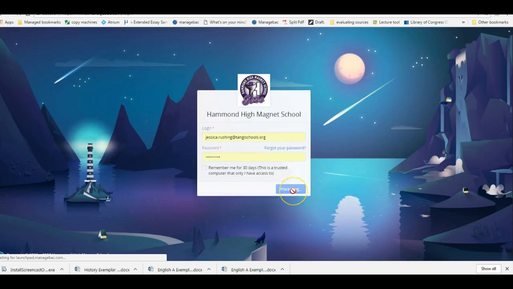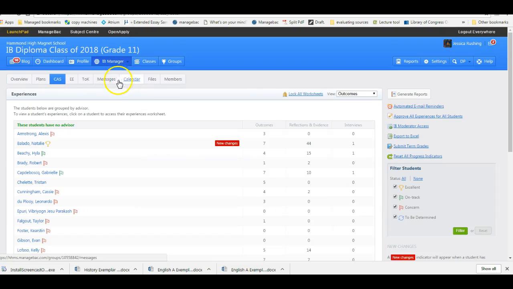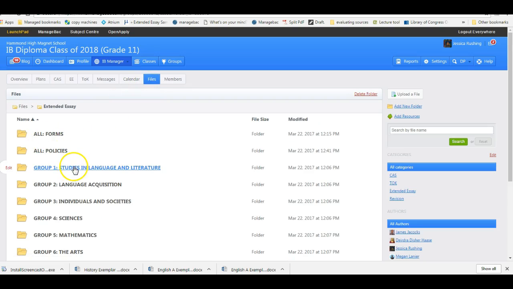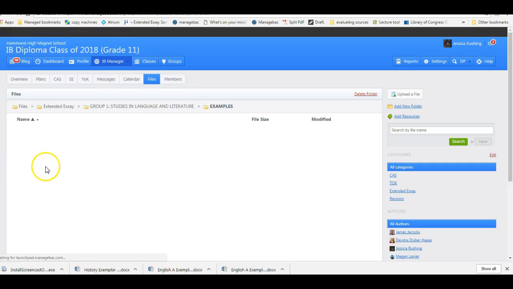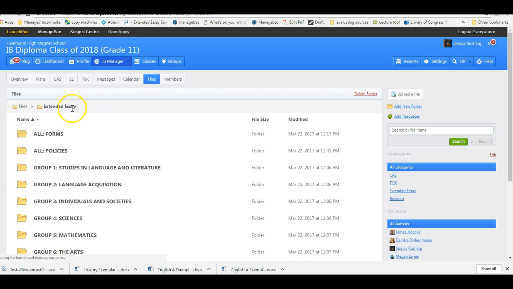So go into ManageBox, and of course mine looks a little bit different, but go to the files and extended essay, and I don't have the examples in there yet, but you can see right here under examples, and I'm going to put some examples inside these folders for you. So make sure that you go in there and reevaluate and look at some examples. I'll have some graded examples for you in there so that you can see what it is that you need to do.